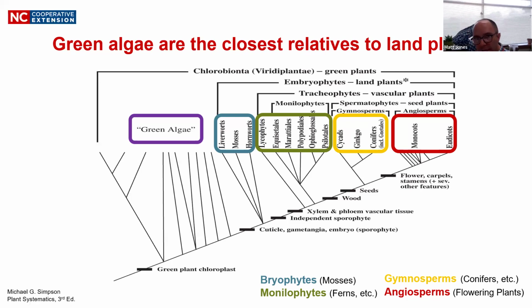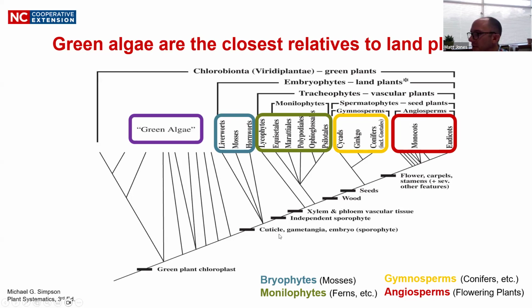And the green algae are the most recent common ancestors of plants. They all have similar chloroplasts, similar chlorophyll, similar physiology in that regard. But what separates algae from true plants, the land plants, is that these are all organisms that evolved to survive on land.